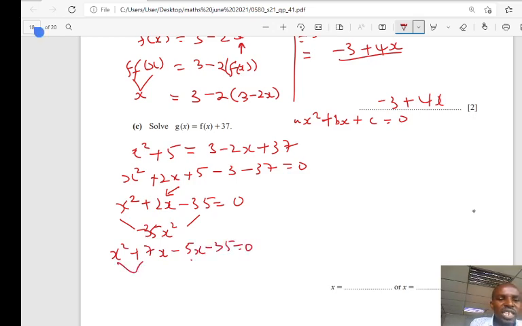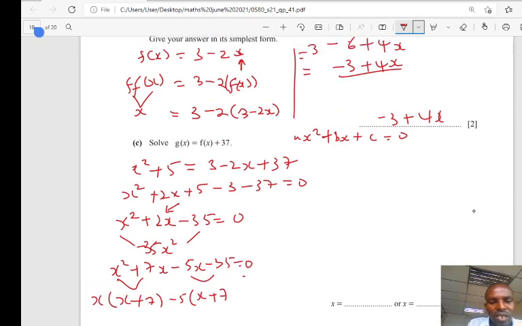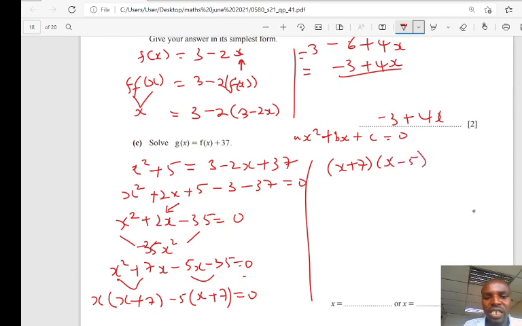Then take this pair and this pair and factorize: x times x plus 7, minus 5 times x plus 7, equal to 0. You'll be left with x plus 7 inside the brackets, then x minus 5 outside the brackets, equal to 0.